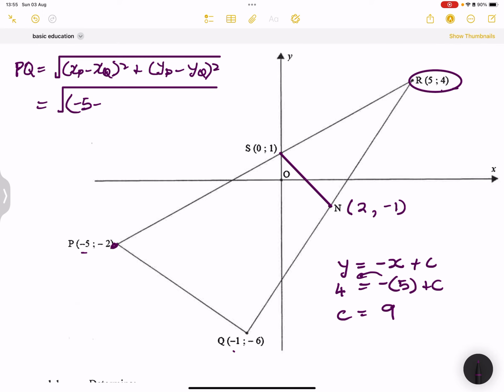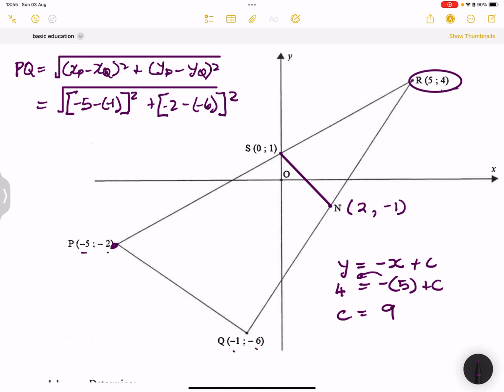And please guys, be very careful with the signs over here, so I'm going to put that in square brackets so that it's easy to see, plus yp, which is -2, minus a -6.